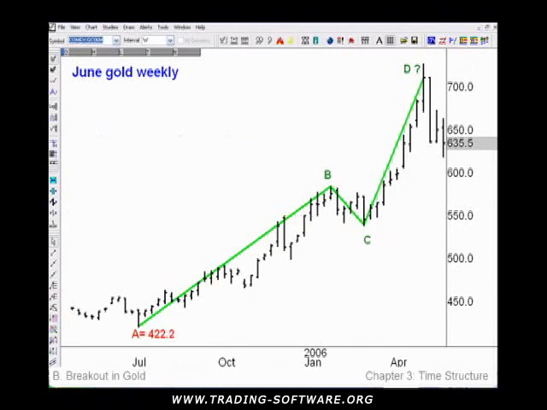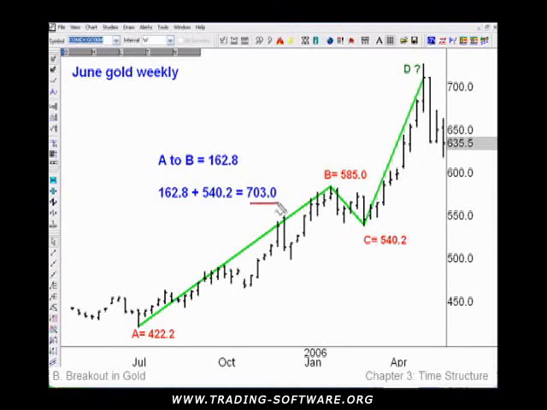Point A back in July was 422.2. Point B, 585 even. Point C, 540.20. The difference between A and B, 162.8. Add that difference to C, which is 540.2, and point D ought to be 703 even.